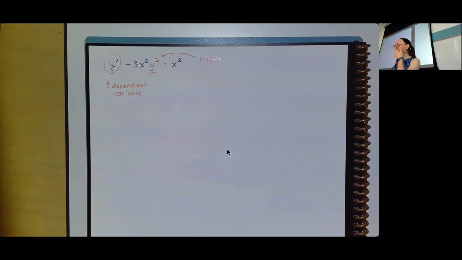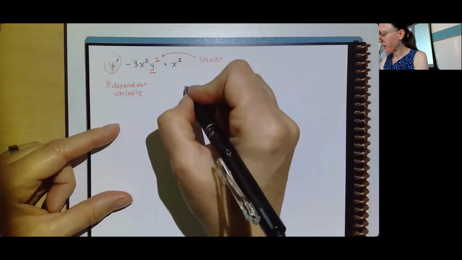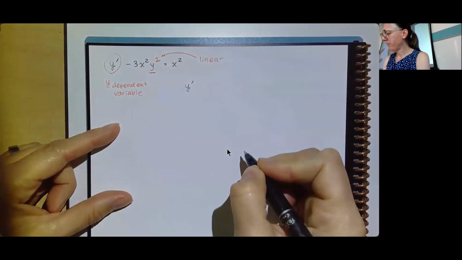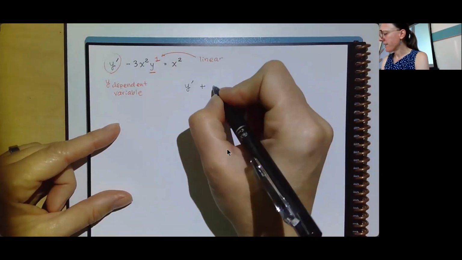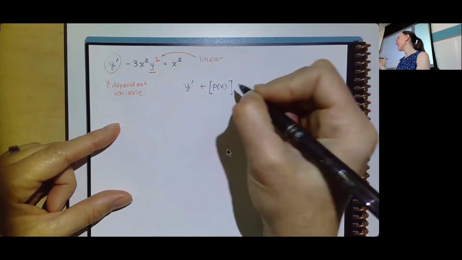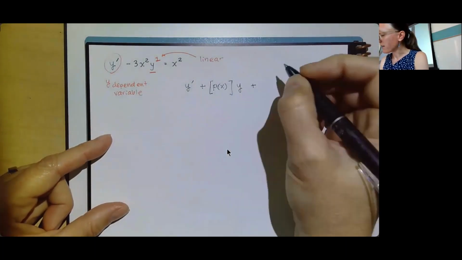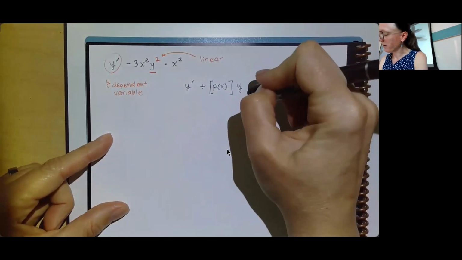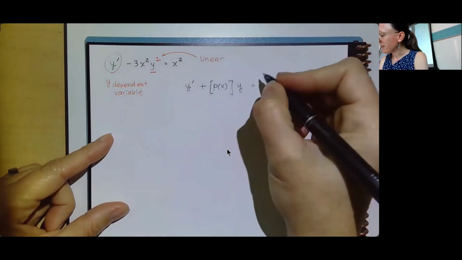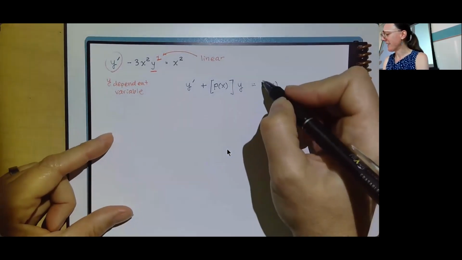Now, the other way to think about this is that it's first order linear if there's a way to write it that looks like my derivative plus some function that can only have x's in it, or t's if t is your independent variable, times y equals some function that again only has x's in it.